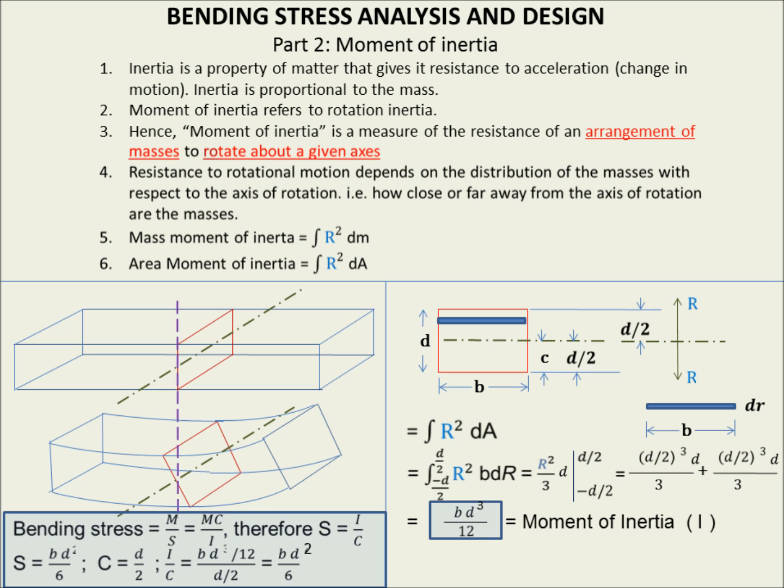And since the area moment of inertia is a measure of the resistance of an arrangement of area to rotate about a given axis, it also can tell us about the resistance to bending offered by a beam, how a beam resists bending based on its cross-sectional area relative to the neutral axis, right?